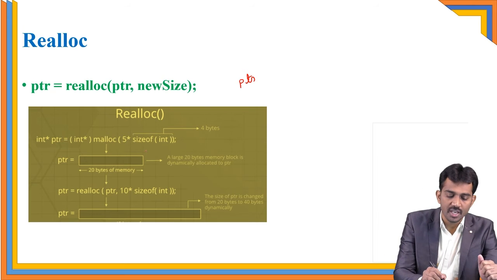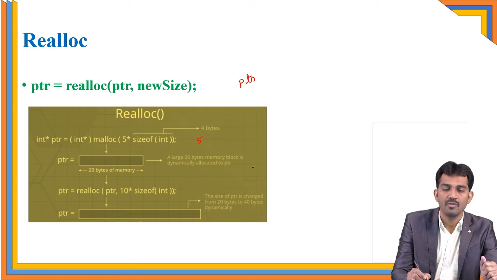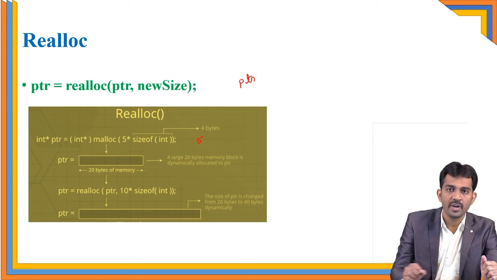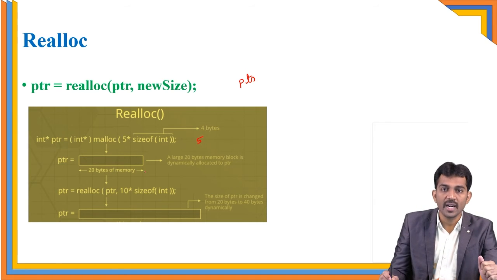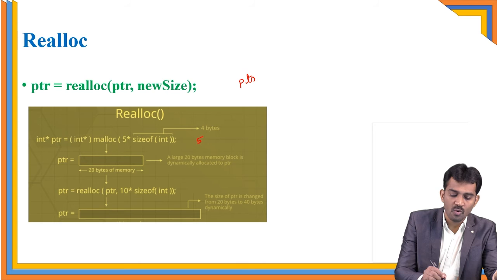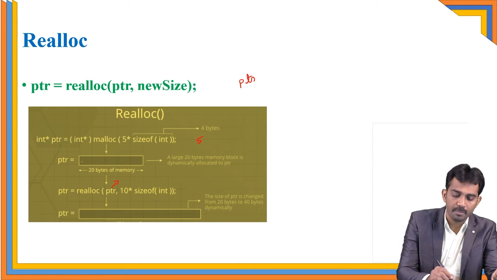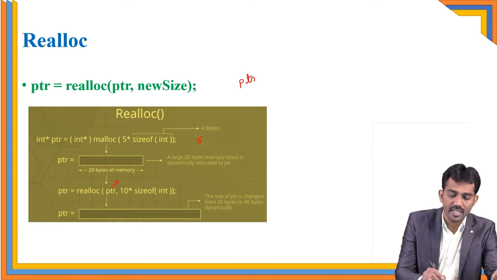In this example, initially by using malloc, I have allocated 5 variables. So this is 20 bytes. After the reallocation, I am going to increase the size of the values from 5 to 10. So at that time, I use the old pointer ptr, 10 into sizeof int, so this size goes to 20 bytes.